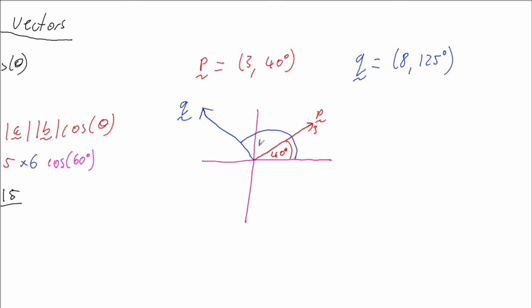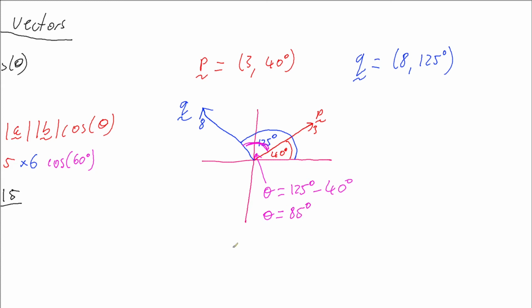Its angle is 125 degrees from the positive x-axis, and it has magnitude 8. If I want the angle in between the two, well, 40 gets me to here, 125 gets me all the way around, so the bit in between is the difference: 125 minus 40. That gives us an angle of 85 degrees.